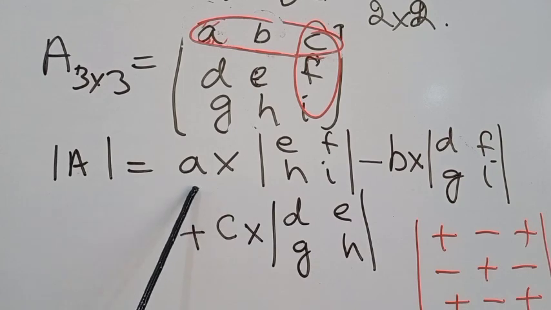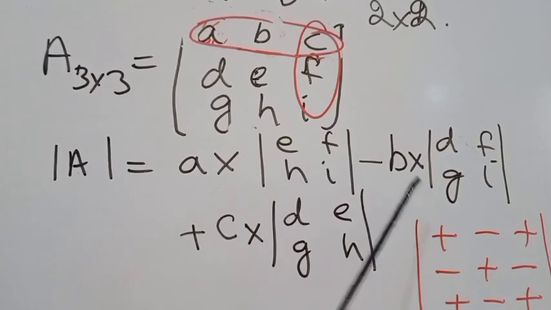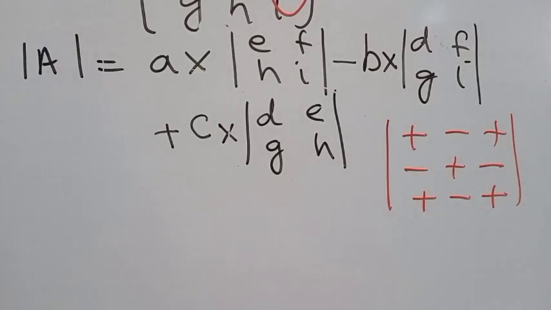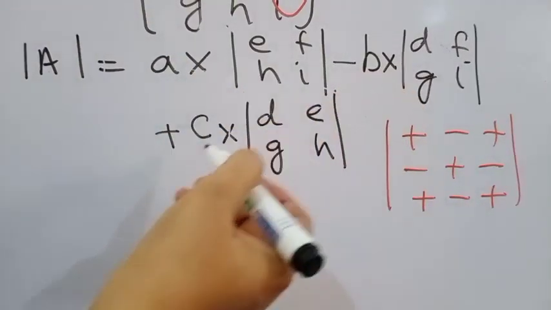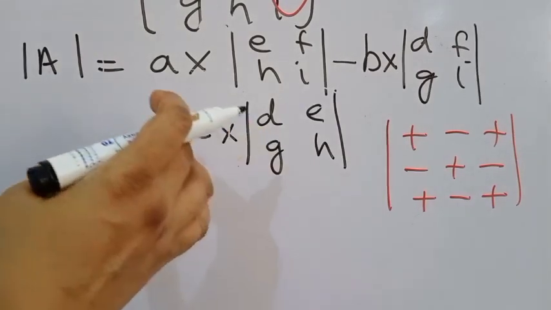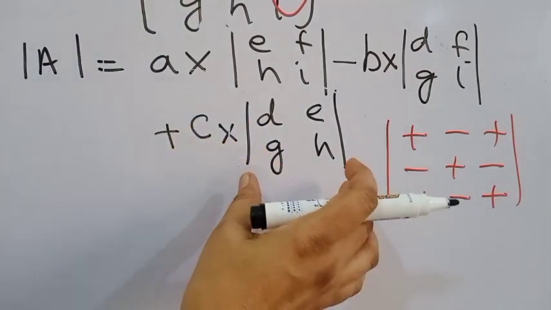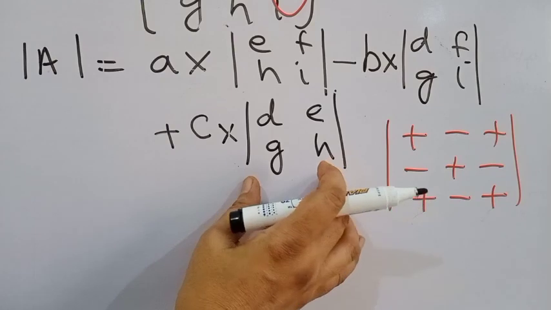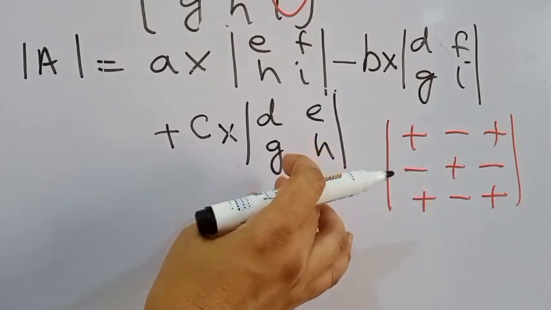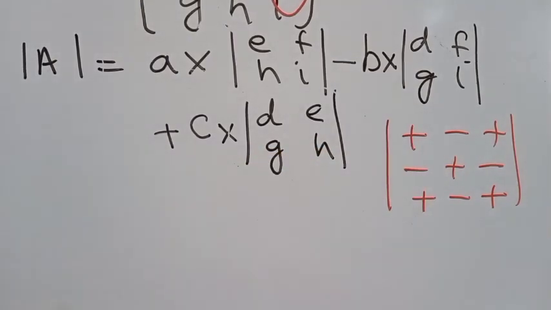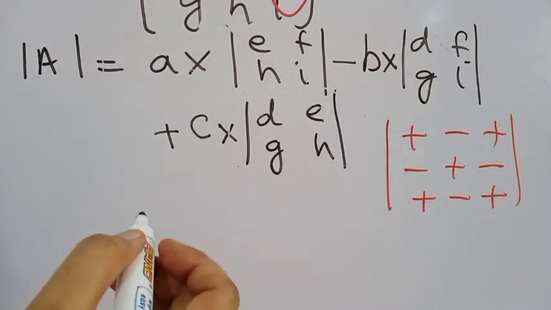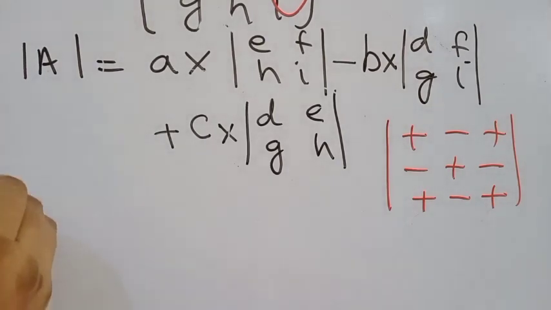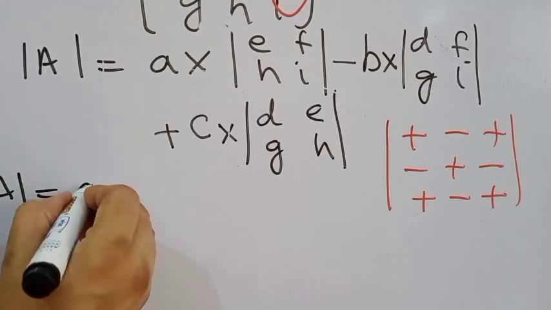Next, observe that the first row has elements a, b and c, and we multiply these elements by these determinants of small matrices, 2 cross 2 matrices. Solving it further, it can be written like determinant of A is equal to a.